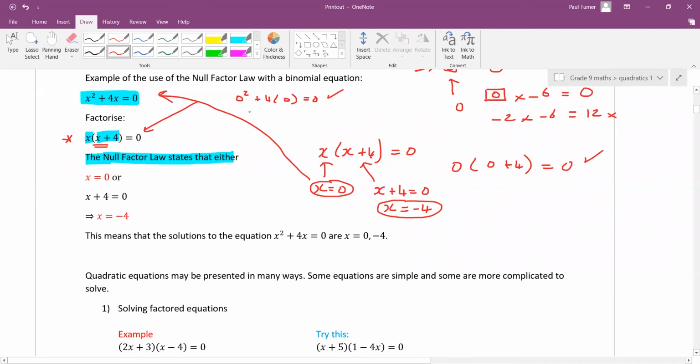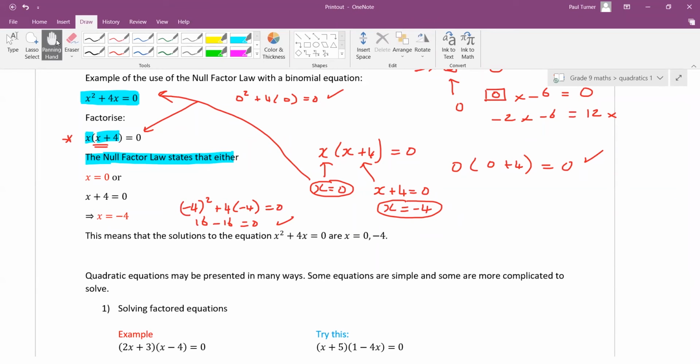So let's put minus 4 in there. Let's do it down here. So minus 4 squared plus 4 times minus 4. Does that equal 0? Well, minus 4 squared is 16. 4 times minus 4 is minus 16, equals 0. That's correct. 16 minus 16 is 0.